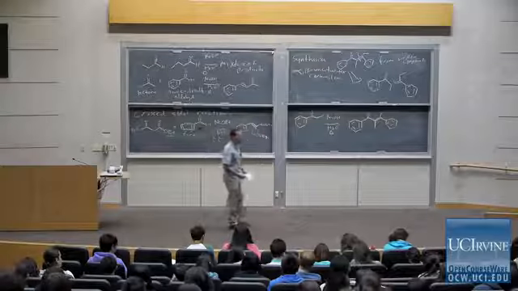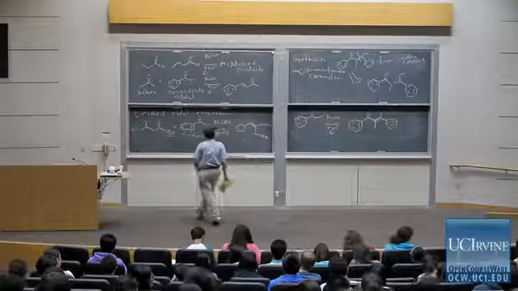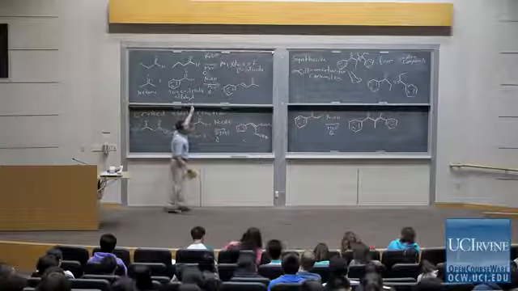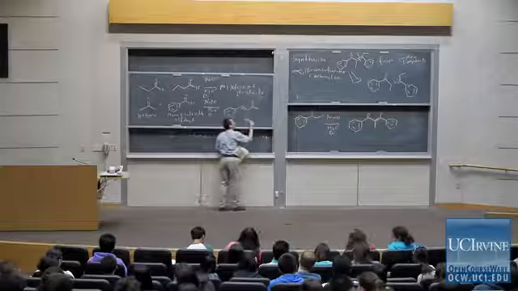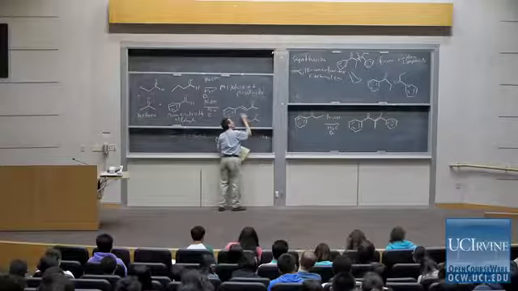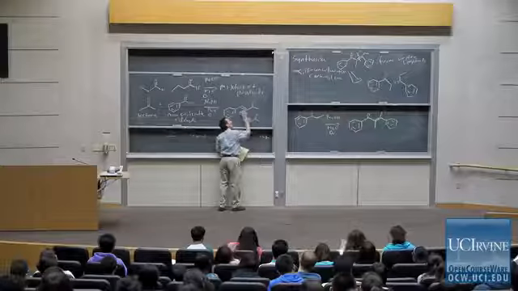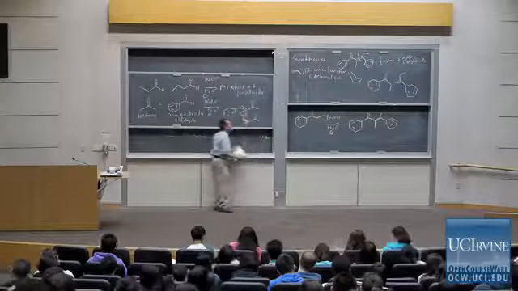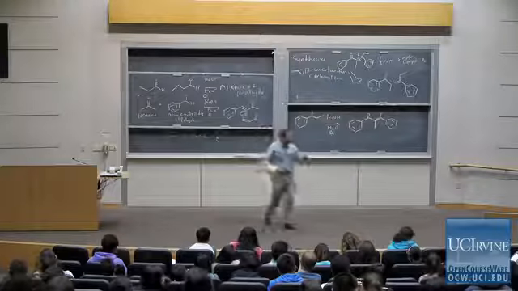Question? Can the aldol reaction form both E and Z components? Great question. Can the aldol reaction form both E and Z components? Yes, yes, and no. So for the most part, under these conditions, the aldol reaction is thermodynamic.